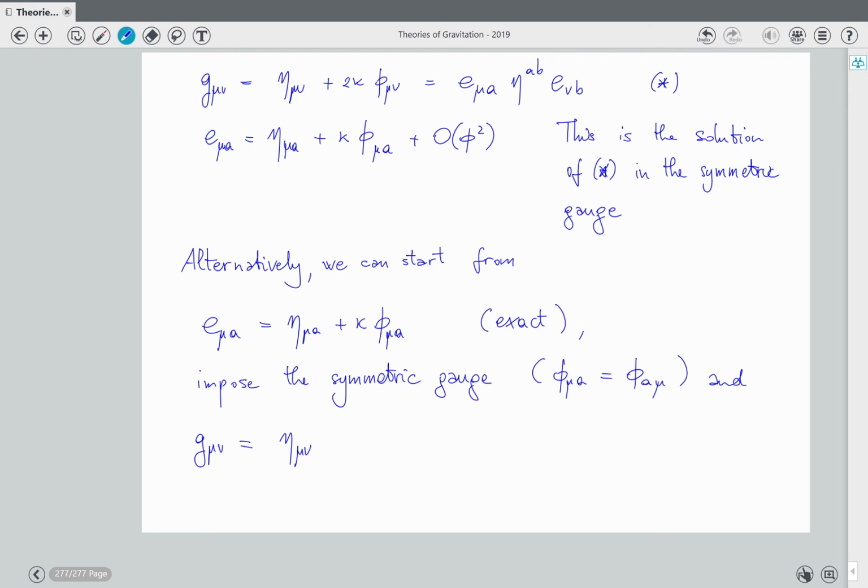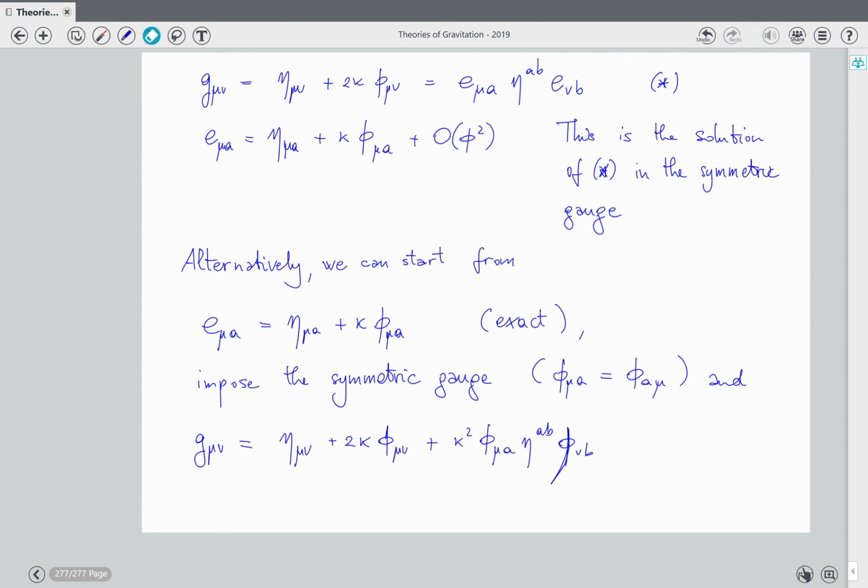the double product, which is 2 kappa phi_mu nu, because it will be phi_mu^a eta_ab eta^a nu, so it will be phi_mu nu, and there will be a kappa squared, because of the square of that, which will be equal to phi_mu^a eta_ab phi_nu^b.